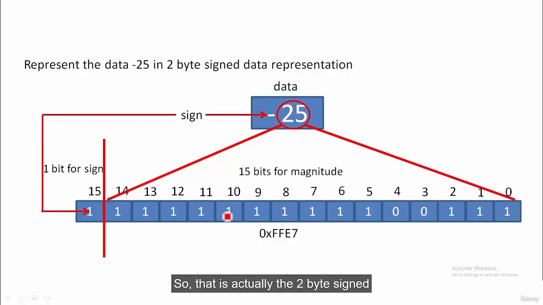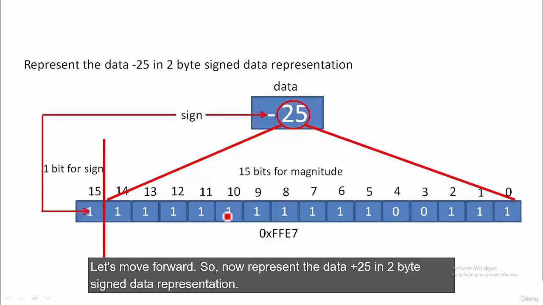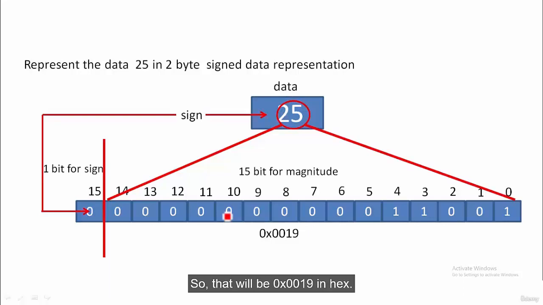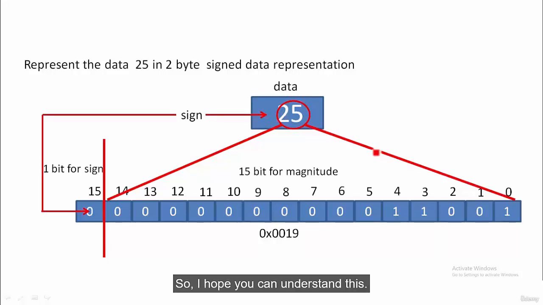So that is actually the 2-byte signed data representation of minus 25. Let's move forward. Now represent the data plus 25 in 2-byte signed data representation. So that will be 0x0019 in hex. So I hope you can understand this.